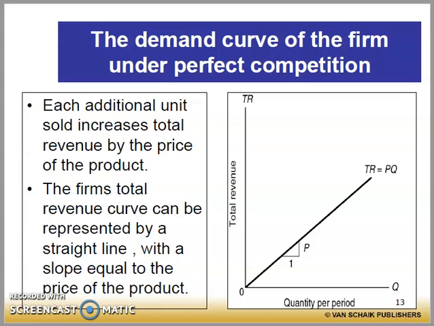And this is shown by the firm's total revenue curve, represented by the straight line here, which suggests a positive relationship between total revenue and quantities sold per period, increasing by the slope of the price of the product, meaning that the slope of this curve is equal to the price of the product. So as the quantities sold increase, because of the price, the total revenue will increase as well.